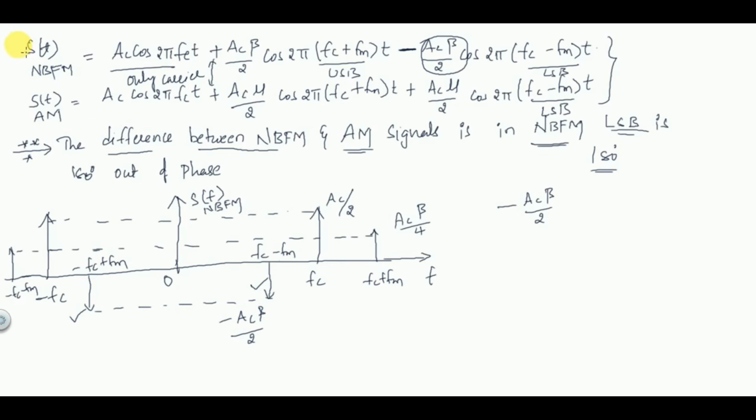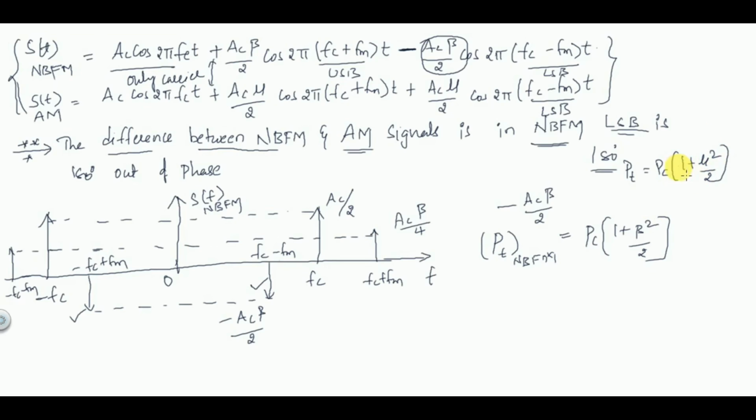That is the only difference between NBFM and AM, right? Since both look the same in the time domain equation, the total power in the case of NBFM is PC into 1 plus beta square by 2. For AM we have PT equal to PC into 1 plus mu square by 2, where mu is the modulation index of AM.